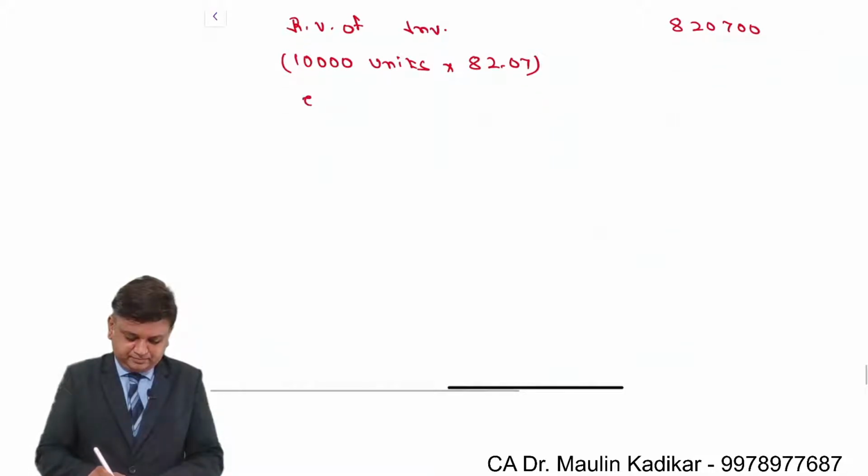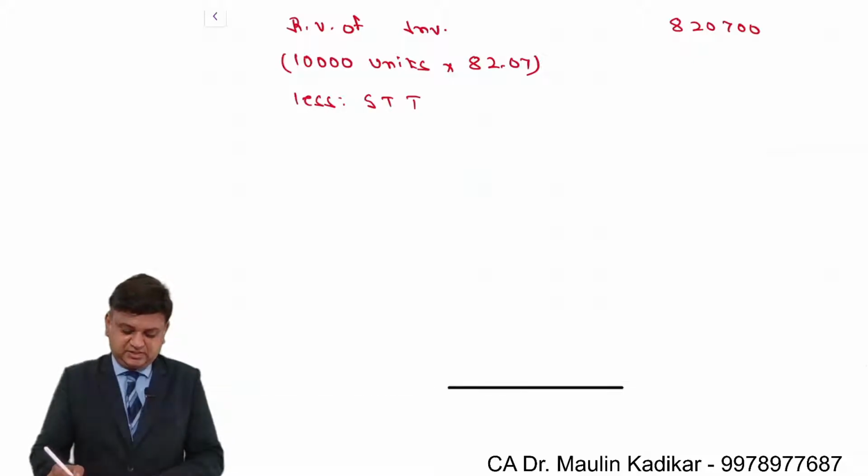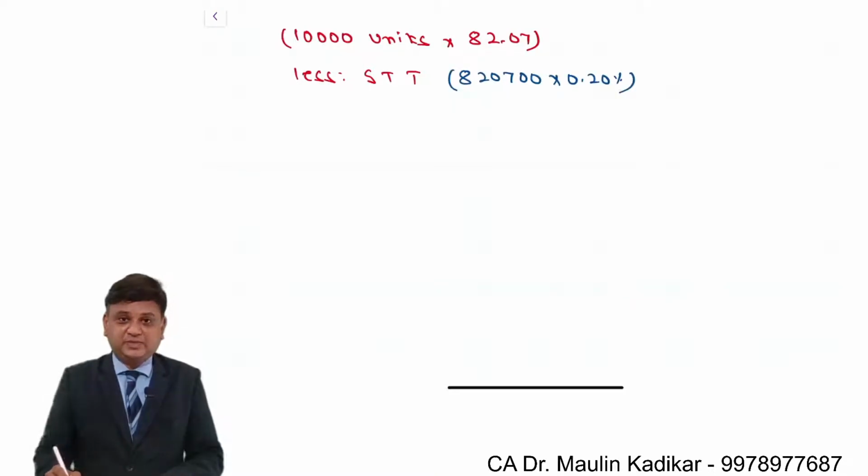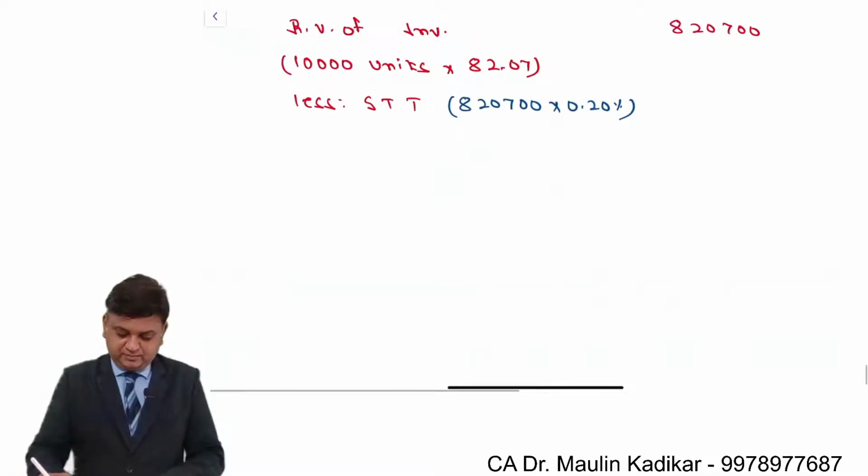Less security transaction tax. It is 820,700 into 0.2 percent. So that comes to 1,641.4.